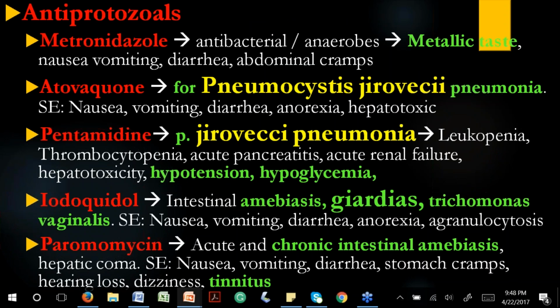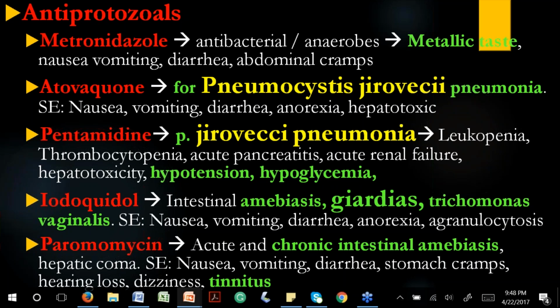Let's talk about antiprotozoals, and that is actually very important to remember. We have metronidazole, which causes a metallic taste, and it can be used as antibacterial and antiprotozoal.